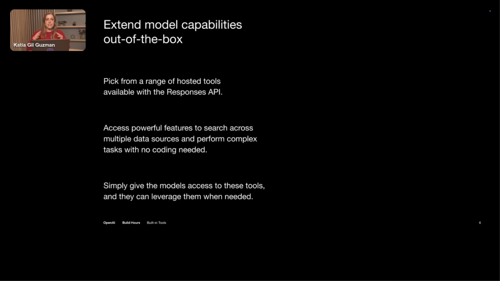Then you can just add that to your app or your agent and give the models access to them, and very easily add these capabilities to your models to, for example, search data, either live data or data in your systems. You can perform complex tasks. And since it's out of the box, you don't have to code anything, and you can just leverage them whenever you need.